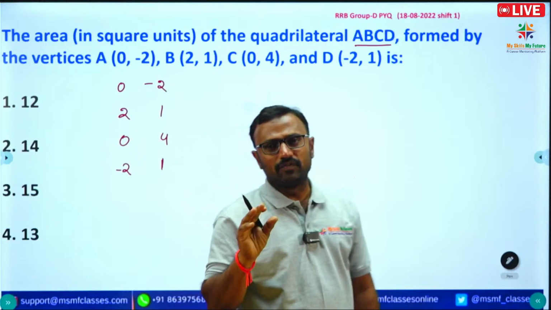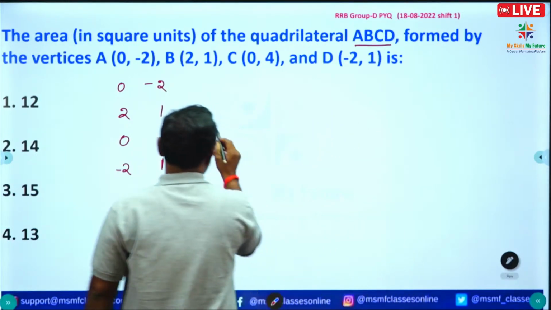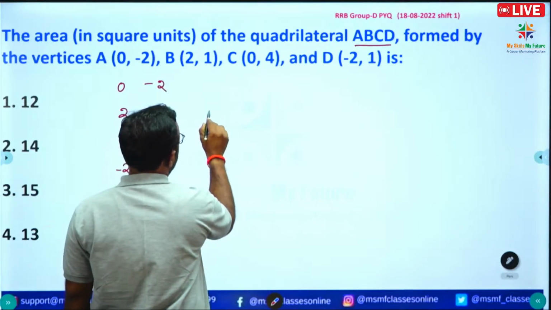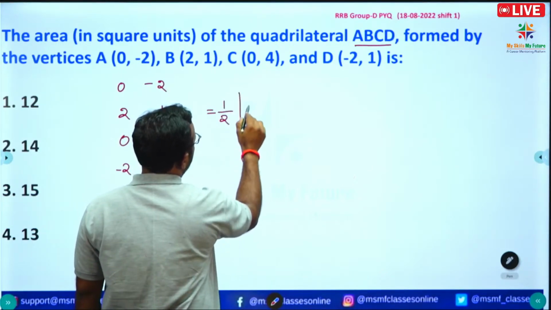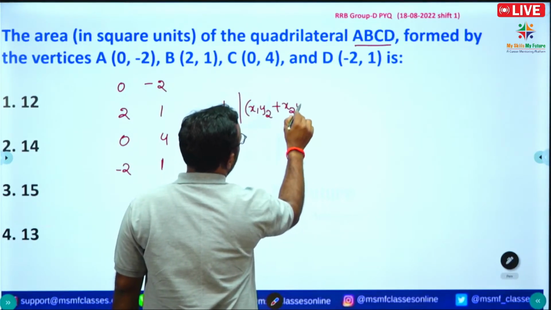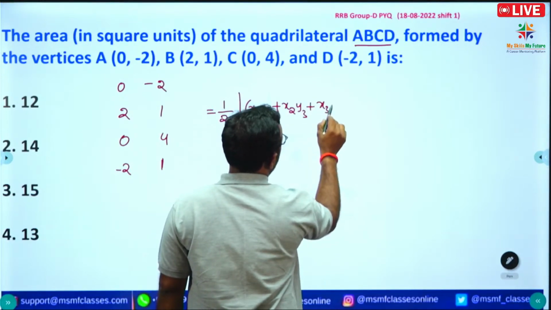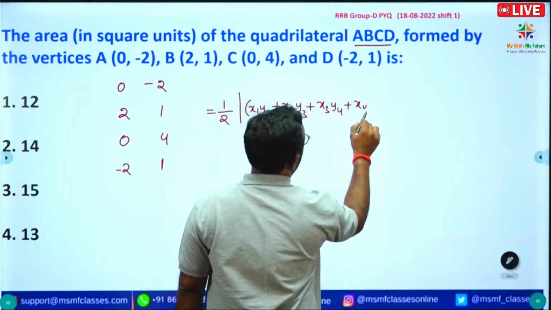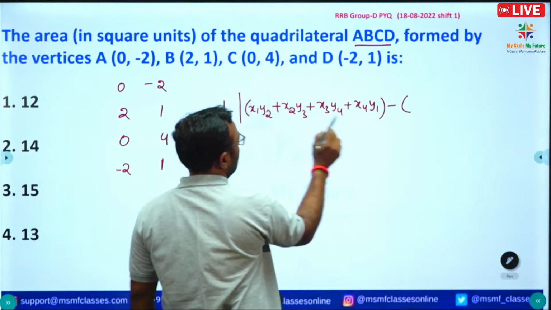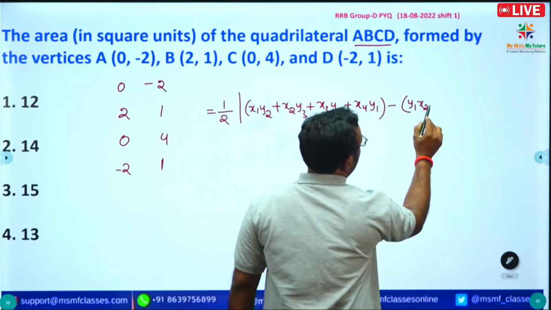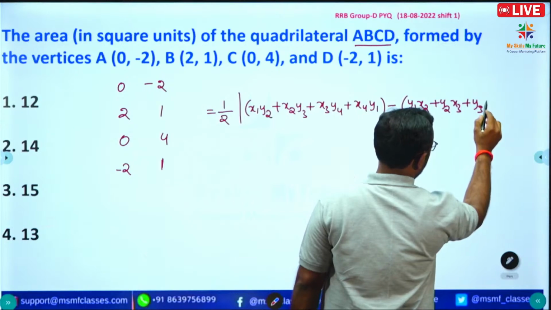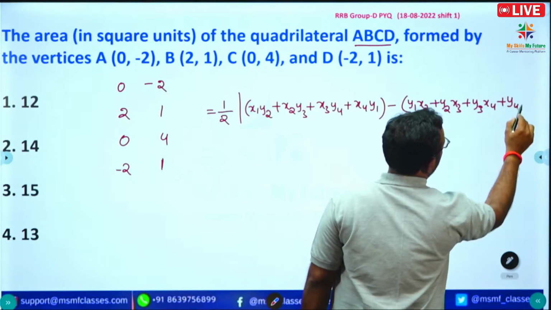We have one formula, the shoelace formula, to find the area of a quadrilateral or polygon. The formula is half into modulus of x1 y2 plus x2 y3 plus x3 y4 plus x4 y1 minus, y1 x2 plus y2 x3 plus y3 x4 plus y4 x1.